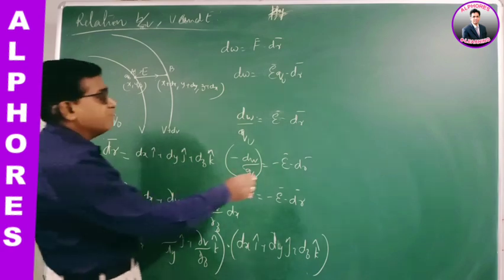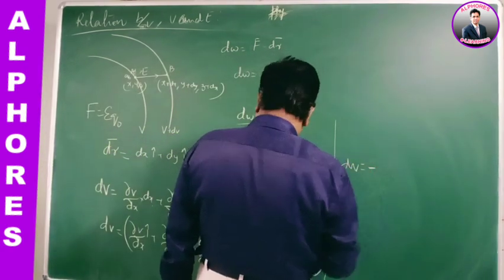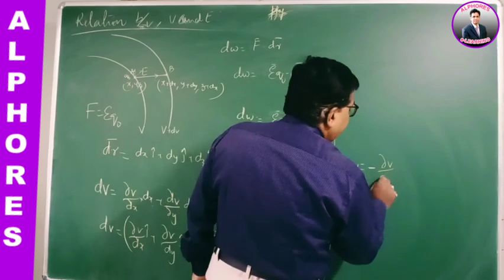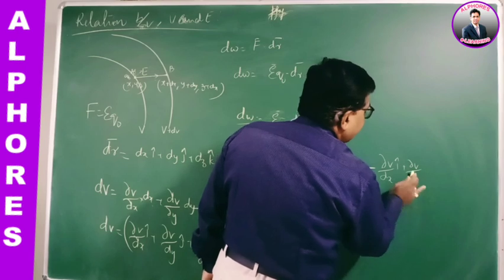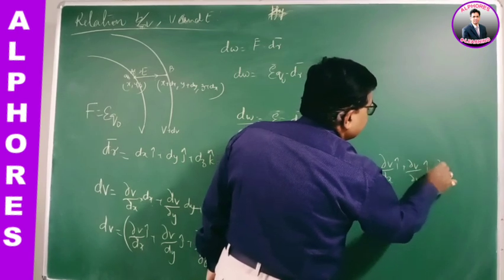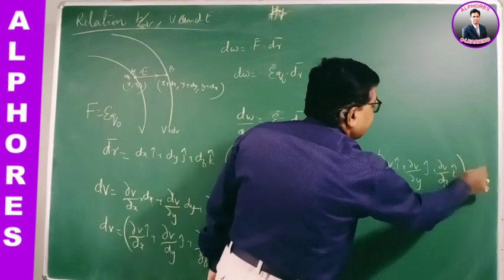Therefore dV is equal to minus of dou V by dou x i cap plus dou V by dou y j cap plus dou V by dou z k cap, dot dr bar.